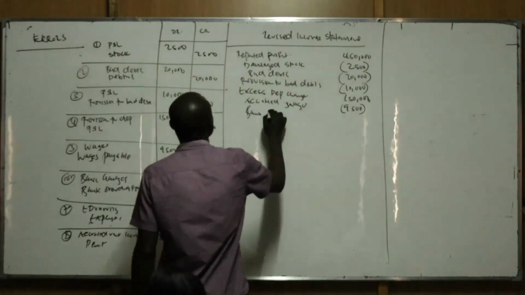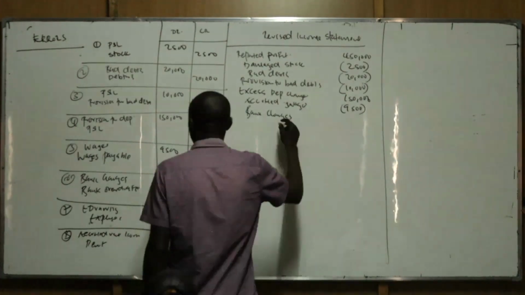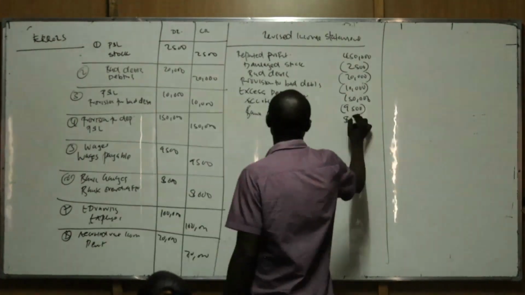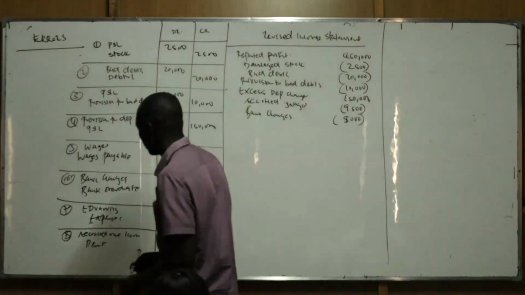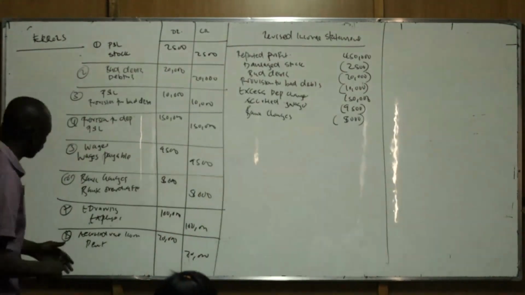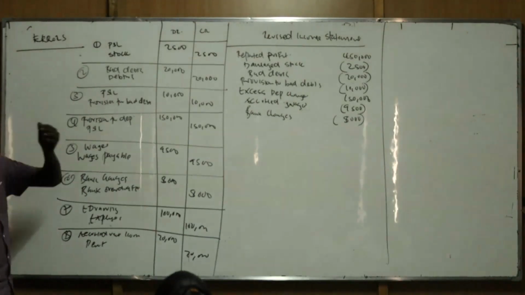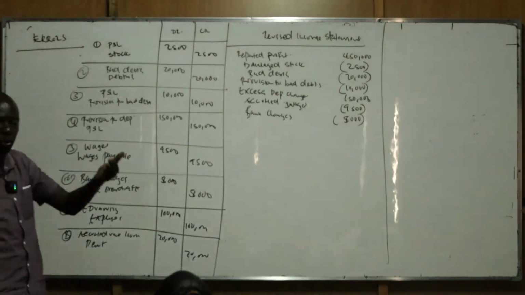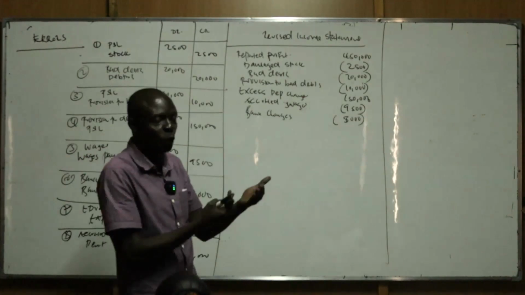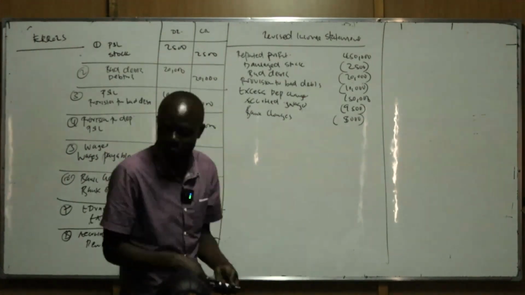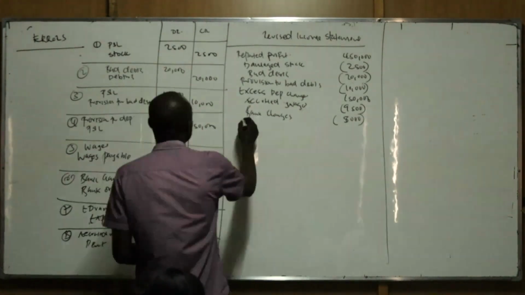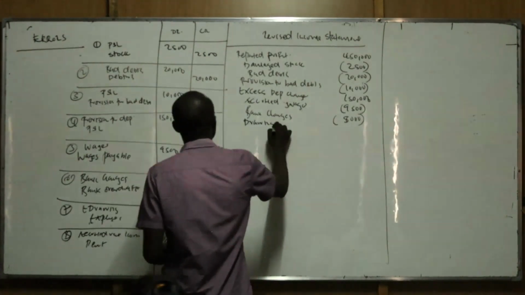Bank charges, 8,000, a deduction. Then there was a drawing that was treated as an expense. How do we adjust? If you treat an item that is not an expense as an expense, it reduces your profits, so we're going to increase it. Here we're going to add drawings. How much?